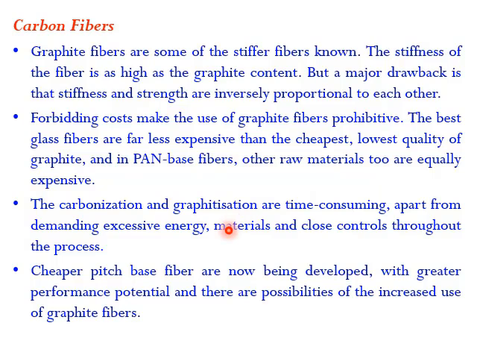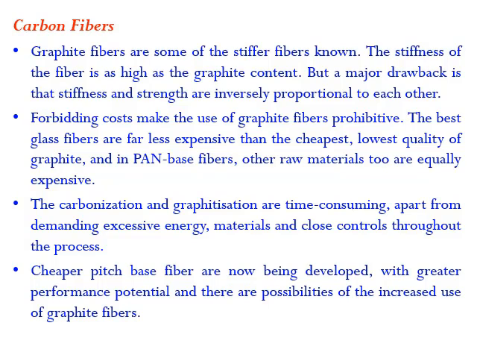Carbonization and graphitization are time consuming, apart from demanding excessive energy, materials, and close controls throughout the process. So cheaper pitch based fibers are now being developed with greater performance potential, and there are possibilities of increased use of graphite fibers also.